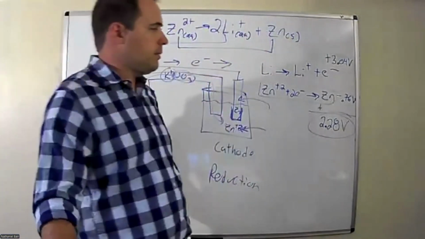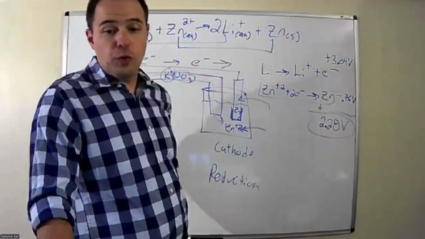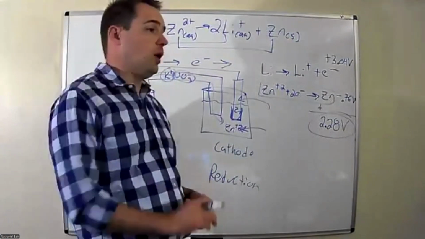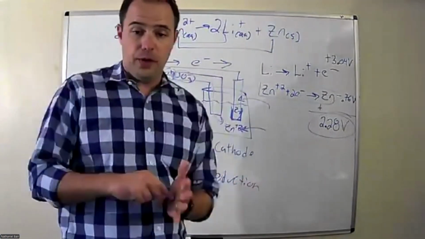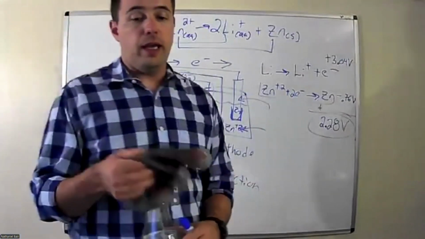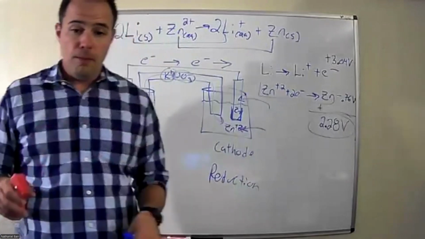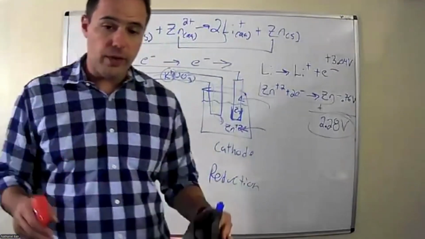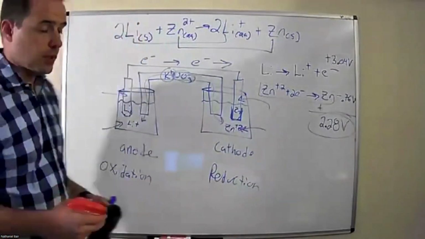Obviously you can link them in series and add them together and all that stuff. I want you to practice that. So I'm going to draw another reaction up here, and I want you to draw the galvanic cell and predict the voltage.